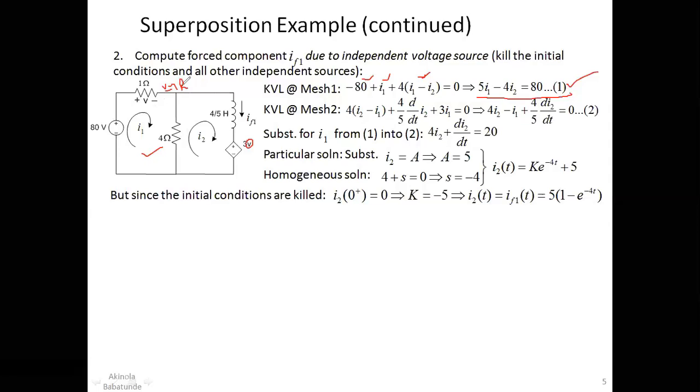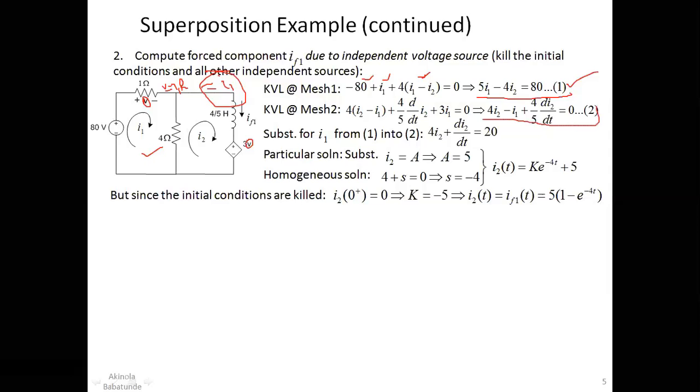The I is I1, the R is 1. So I1 times 1 will just give us I1. So this V is going to be equal to I1 because resistance is 1, and then we have I1 here. So that is how we got this V equal to 3I1 here. You just replace the V with I1 equal to 0. If you rearrange that, this is exactly what you are going to get as your equation 2.